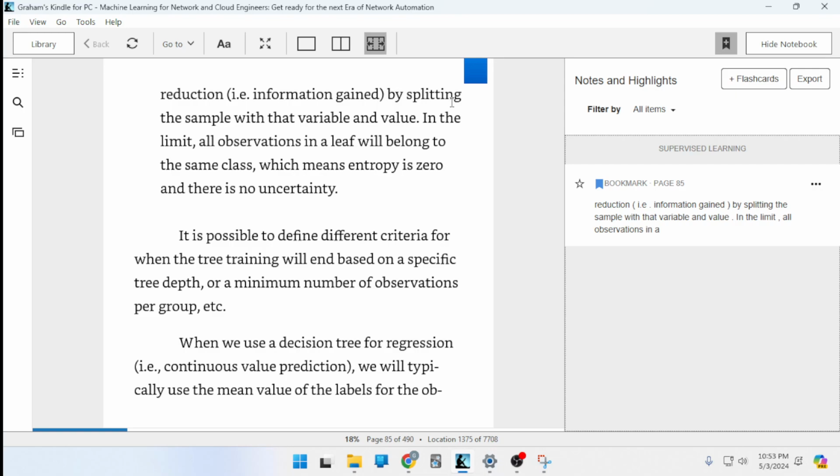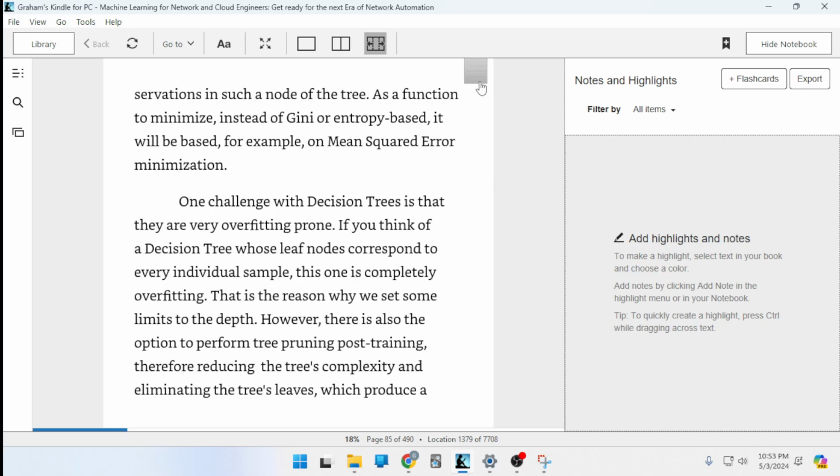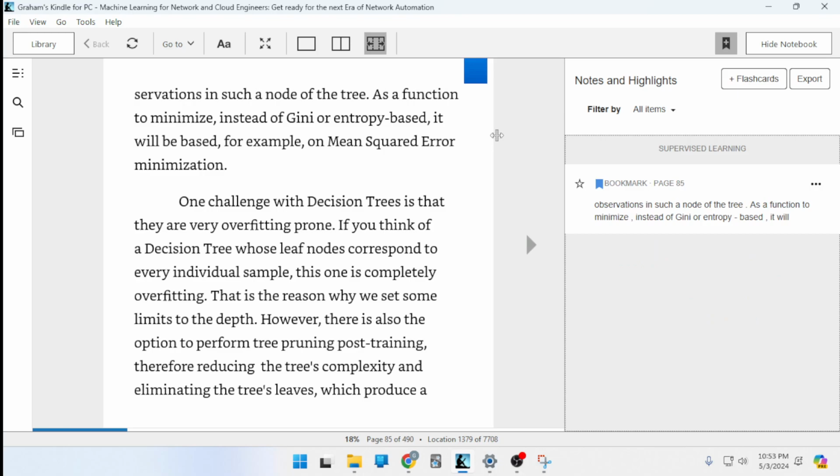It is possible to define different criteria for when the tree training will end based on a specific tree depth or a minimum number of observations per group, etc. When we use a decision tree for regression, for example, continuous value prediction, we will typically use the mean value of the labels for the observations in such a node of the tree as a function to minimize, instead of Gini or entropy based. It will be based, for example, on mean squared error minimization.